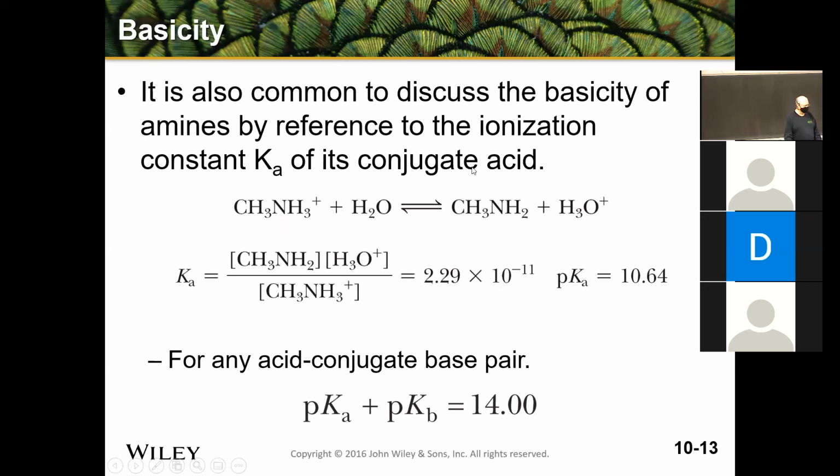The Ka value for the methylammonium ion is 2.29 times 10 to the minus 11. So the pKa is 10.64. Okay, not a very large number. For any conjugate acid-base pair, if we take pKa plus pKb, that equals pKw, which is 14. And so if we take 14 minus 10.64, that gives us the pKb of the conjugate base, which would be 3.36.